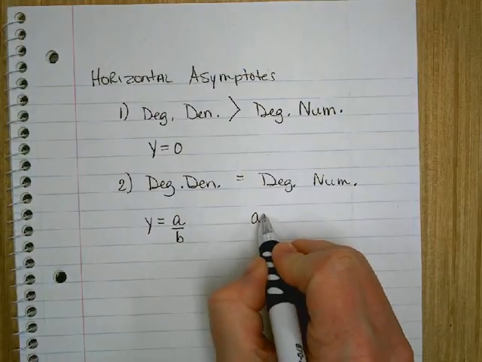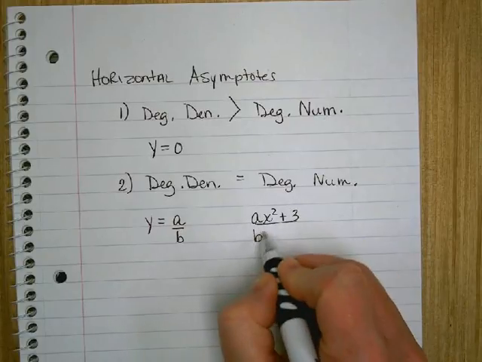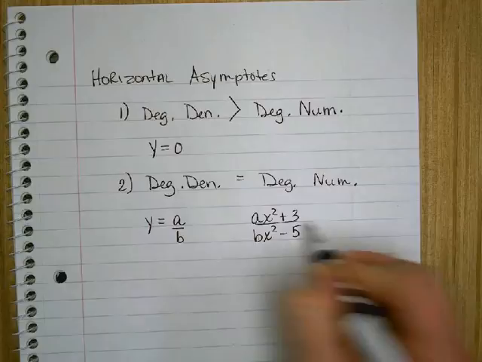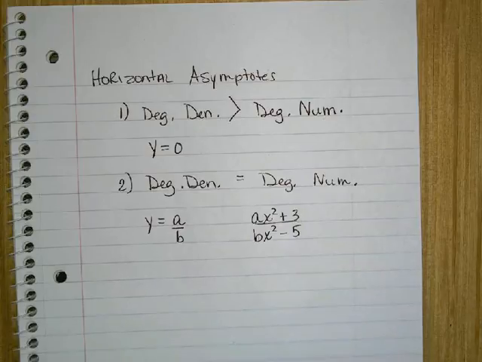AX squared plus 3 over BX squared minus 5. A and B are the coefficients of the leading terms of these polynomials, okay? So let me give you an example.